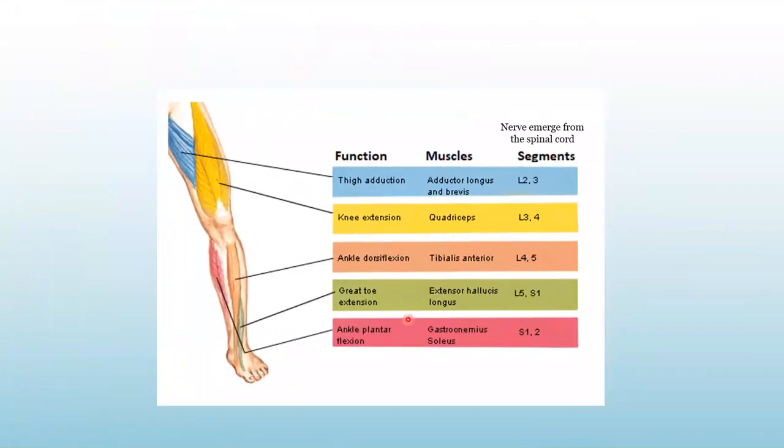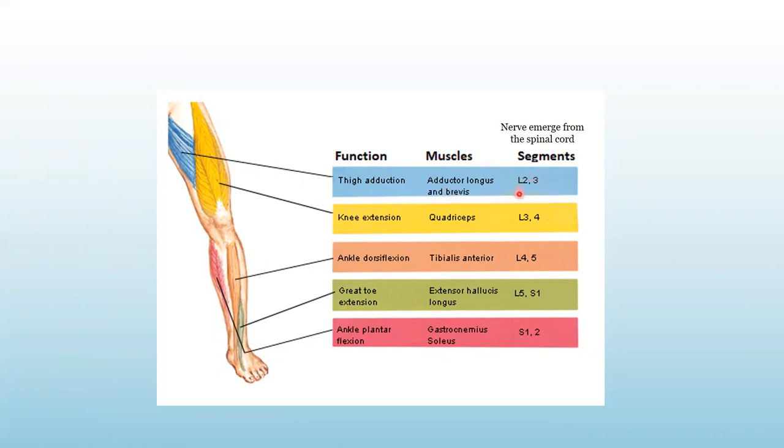So this is actually the nerve, the innervation of the muscles of the lower limb. For the thigh, thigh adduction. The muscle is adductor longus and brevis.